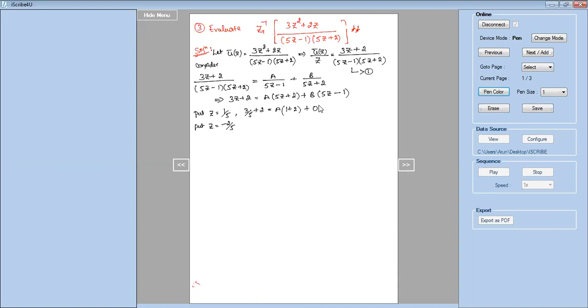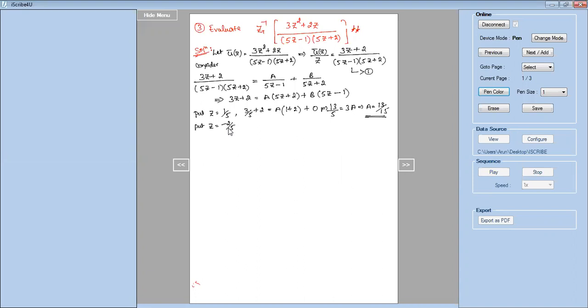Simplify this: the LCM is 5, 5 into 2 is 10, 10 plus 3 is 13, so 13 by 5 equals 3A. A is equal to 13 divided by, cross multiply, send this 3 here, 5 into 3 is 15. So the value of A is 13 by 15.